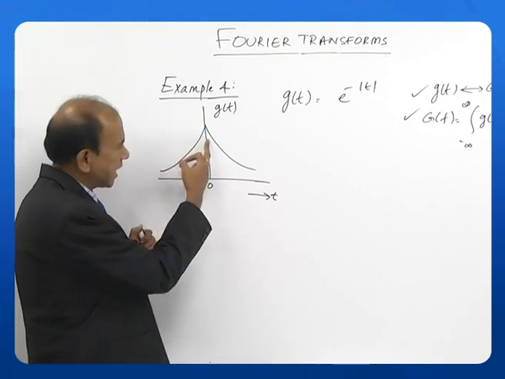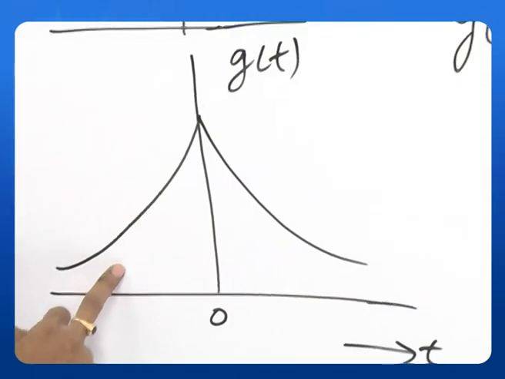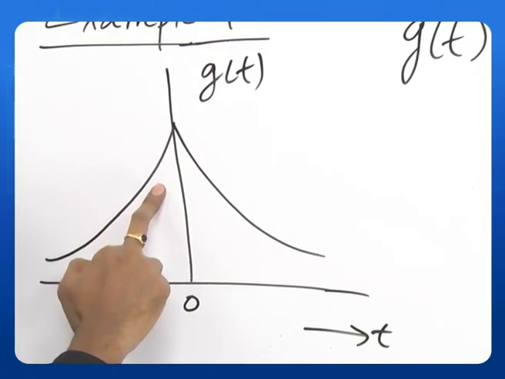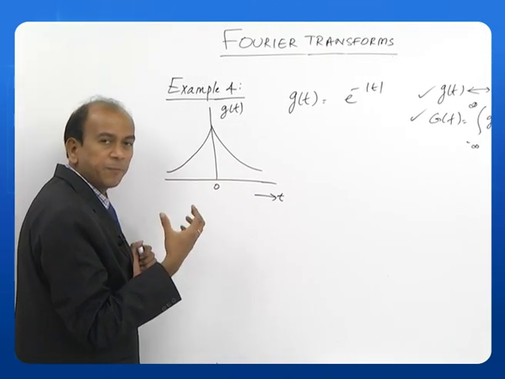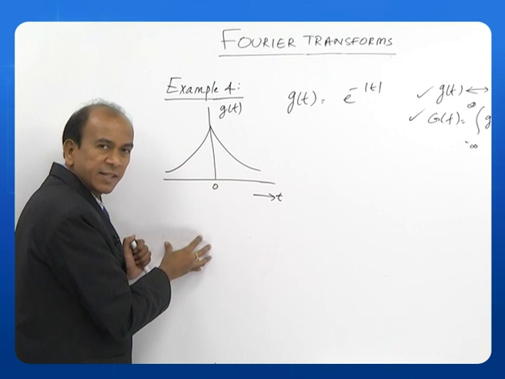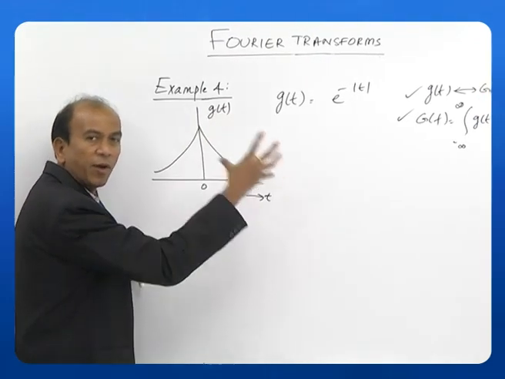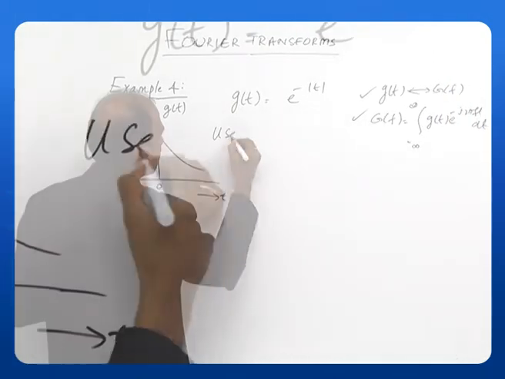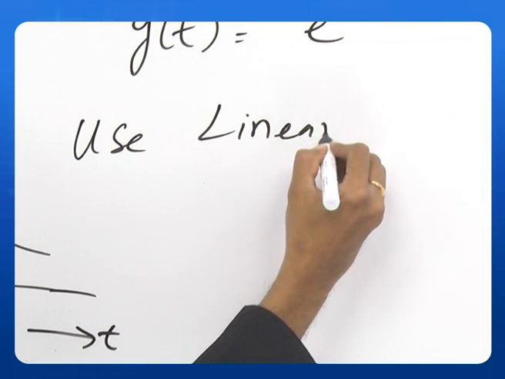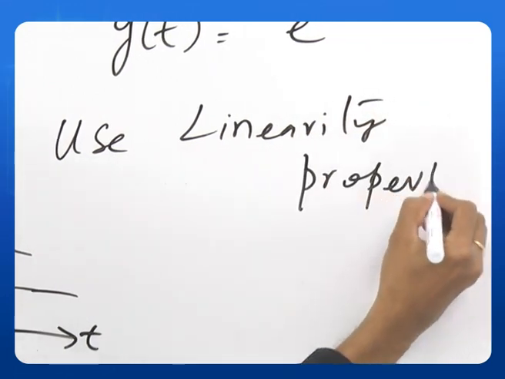So, this is an exponential decay function, we have calculated the Fourier transform for this. This is an exponential rising function, for which we have also calculated the Fourier transform. So, if I use the linearity or superposition property, the Fourier transform of this plus the Fourier transform of this will give me the overall Fourier transform. So, let us get that here. So, let us use the linearity property.